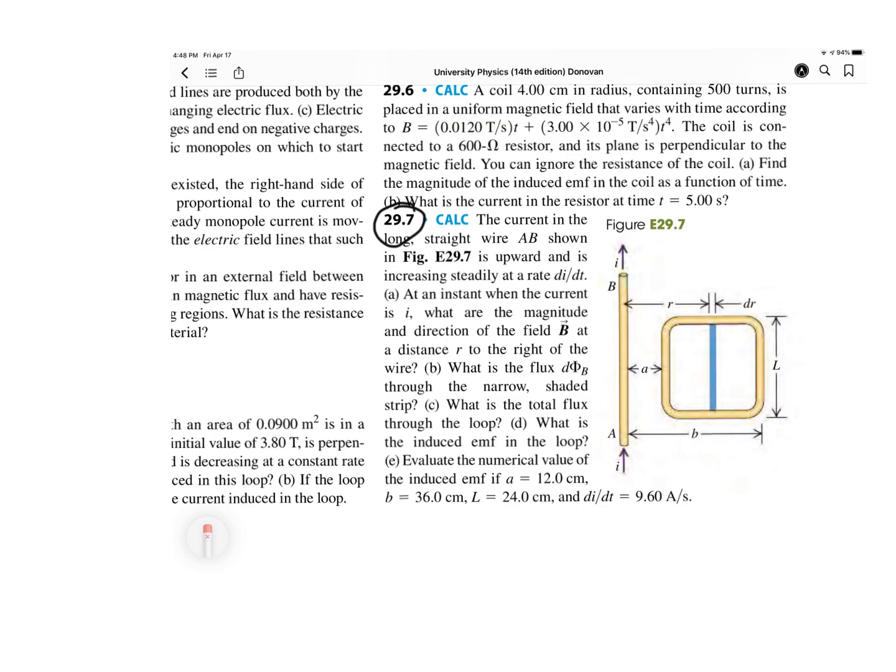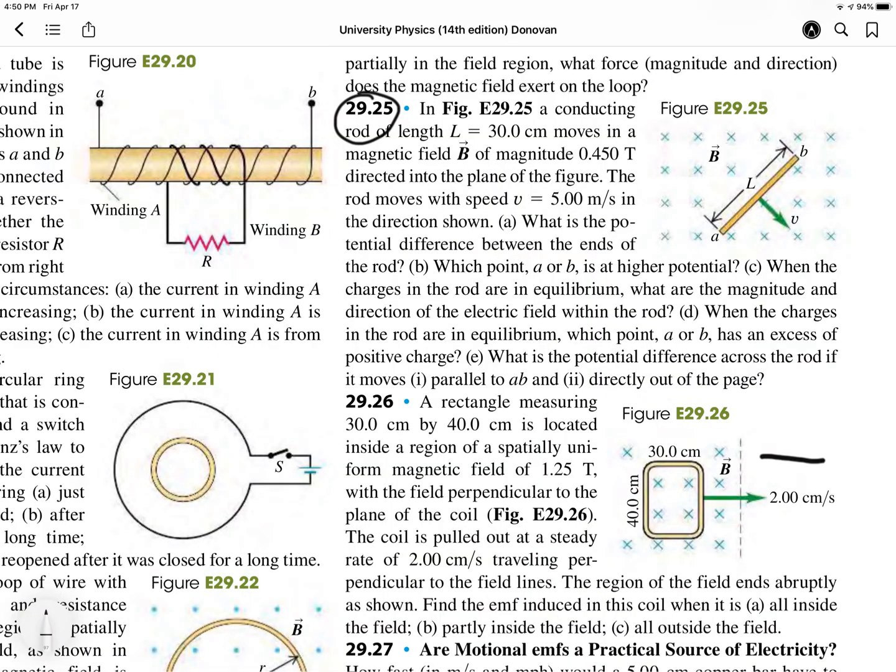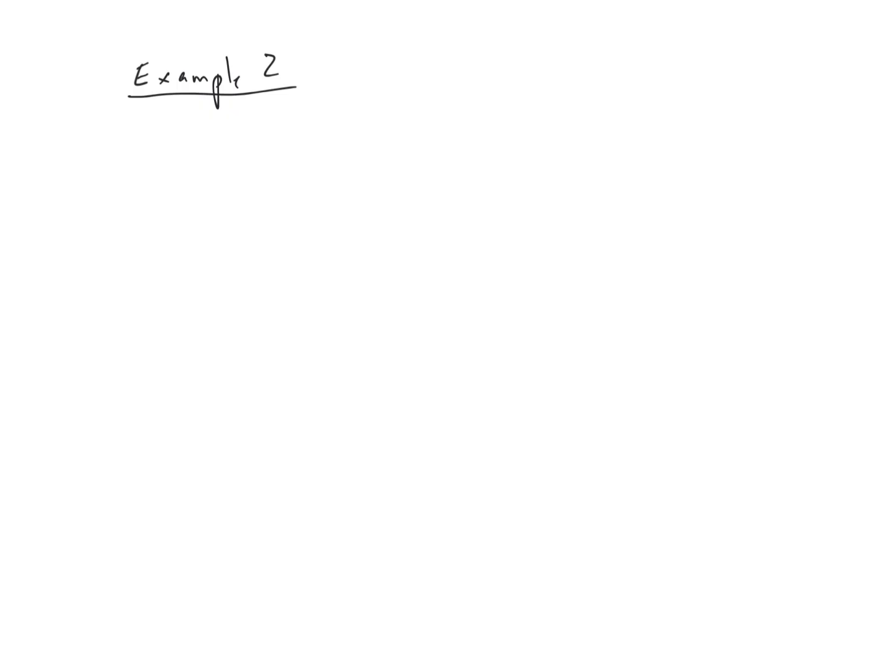So this problem 29.7, this problem 29.16, 18 and 19 I like, you should make them. 29.25 and 29.26 also I like, you should do them. It's important.